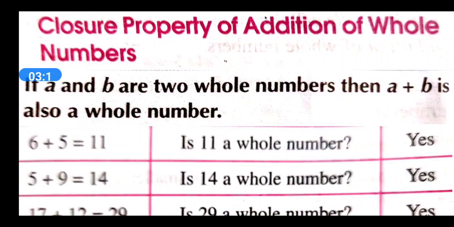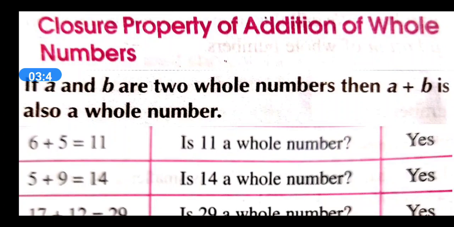First is the closure property of addition of whole numbers, which states that if A and B are two whole numbers, then A plus B is also a whole number. Now to establish the closure property of addition in whole numbers, let us check out an example.